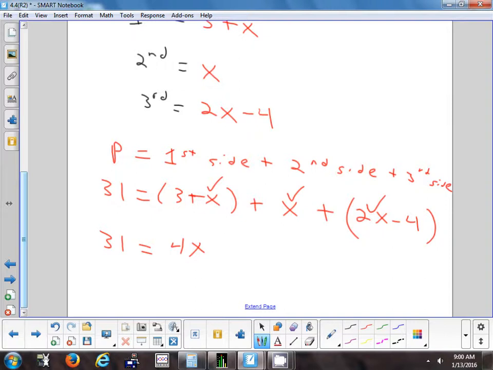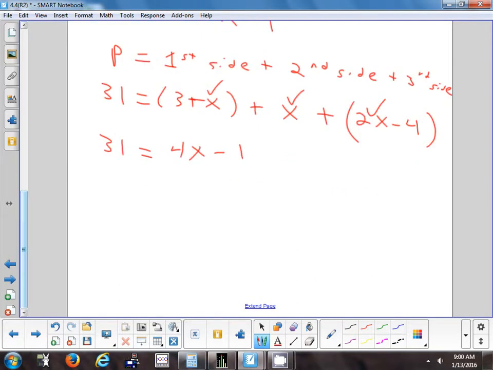Yeah. We just combined all our like terms together. So we had an x, and a 2x, and then we have a 3 minus 4. Okay. How about Gabe? What's my next step to solve this equation?